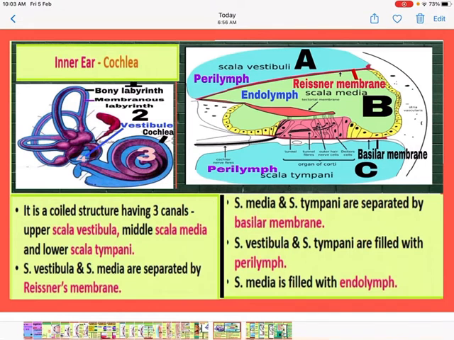Second, between B and C, that means between scala media and scala tympani, the basilar membrane is present. Next, scala vestibuli and scala tympani are filled with perilymph and scala media is filled with endolymph.